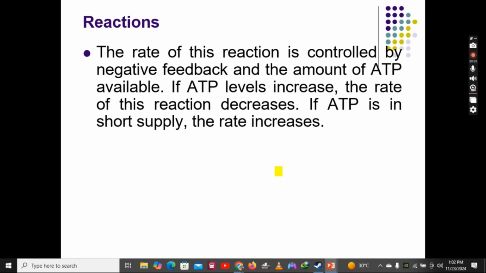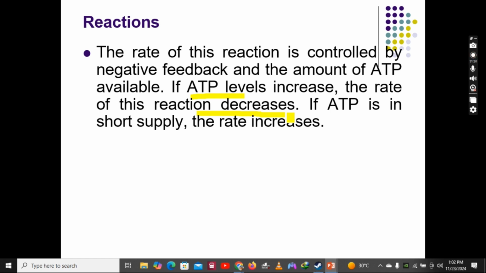Okay, so in case the ATP molecule levels increase, then the rate of this reaction will also decrease. There is a negative feedback. If the levels of ATP increase, then the rate of this reaction decreases.